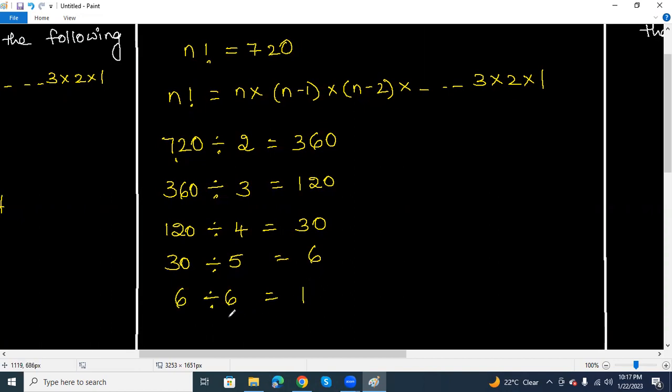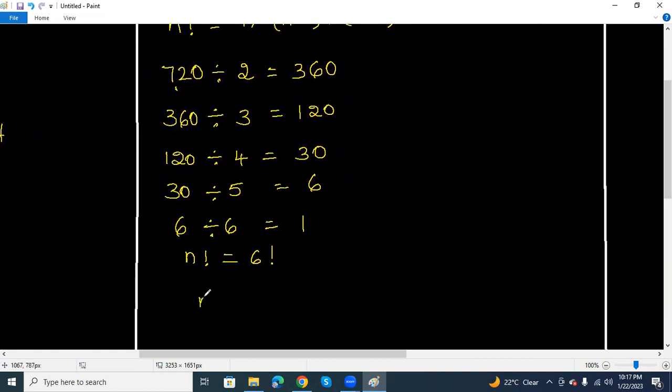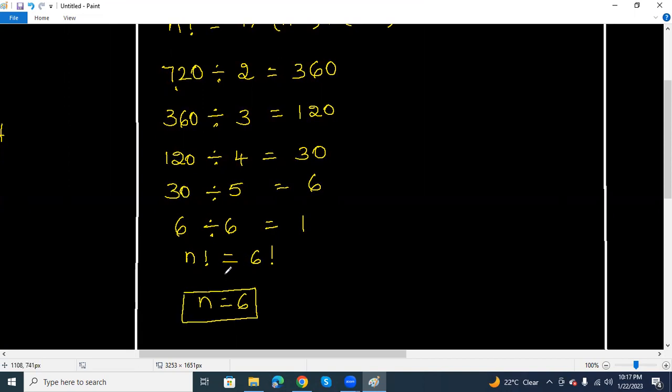The quotient is 1. So n factorial is nothing but 6 factorial. So what is the n value? n is equal to 6. The factorial can be removed on either side of the equal sign. So n is equal to 6. In this way, by taking the least digit and dividing the given number, we can find out the factorial value.